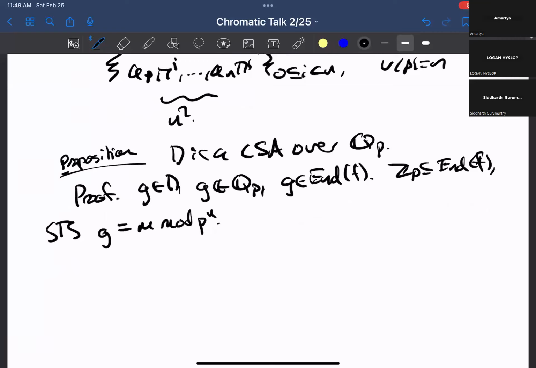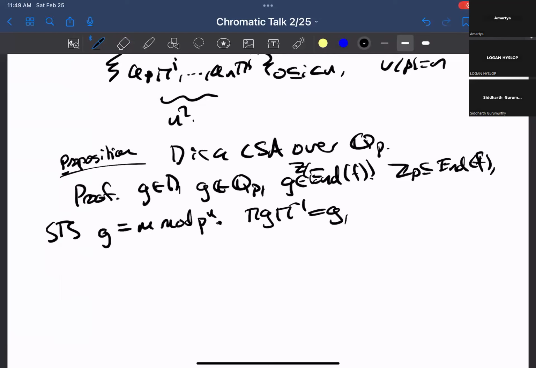So we go by induction. Pi g pi inverse is equal to g, since we assume g to be in the center. So if we conjugate by pi, then we're going to get right back to g.